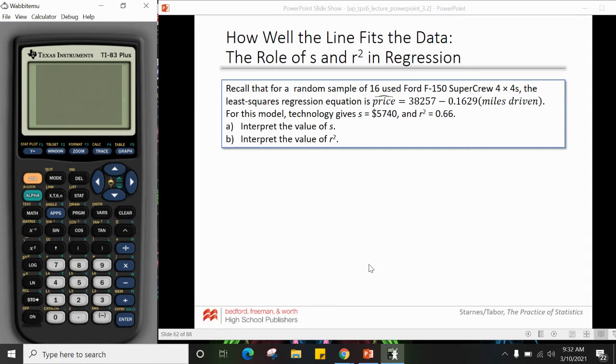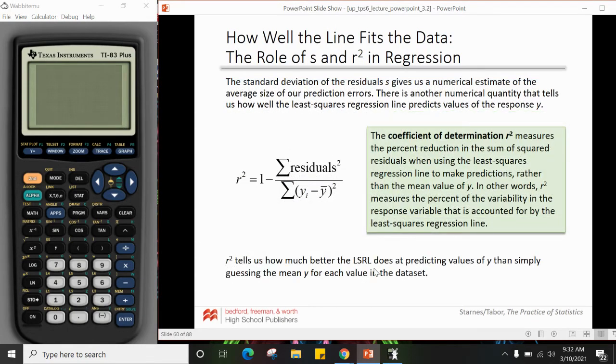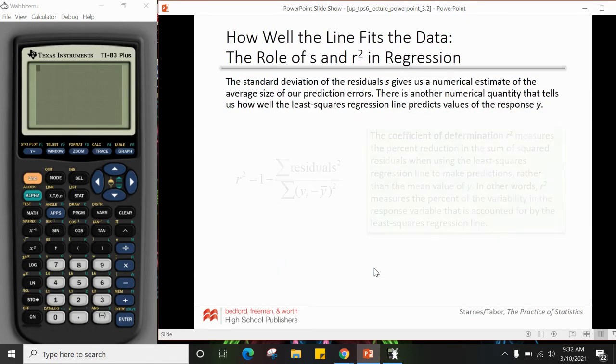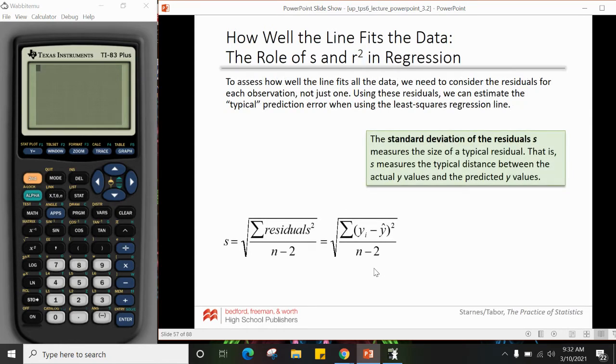Oh, wait, hold up. To find our S, this is a standard deviation of the residuals. So luckily I have my residuals still in there.